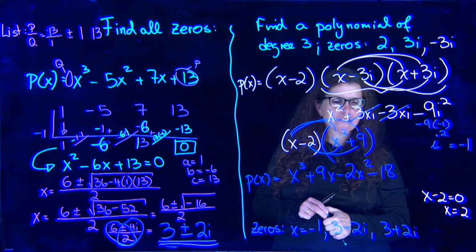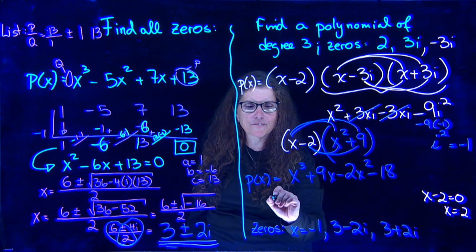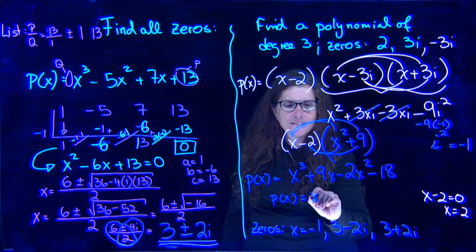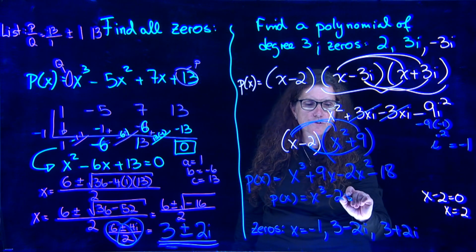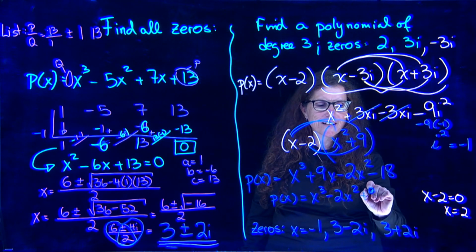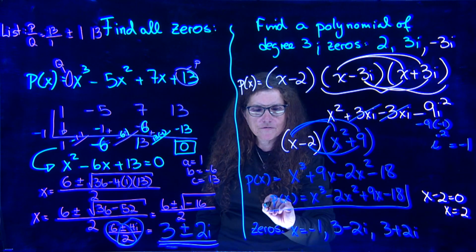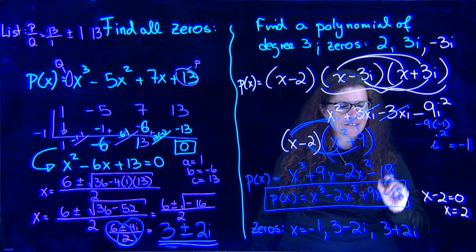If you want to write it in descending order, go right ahead. So our official polynomial is x to the third minus 2x squared plus 9x minus 18. Beautiful. Here you go. Done you are.